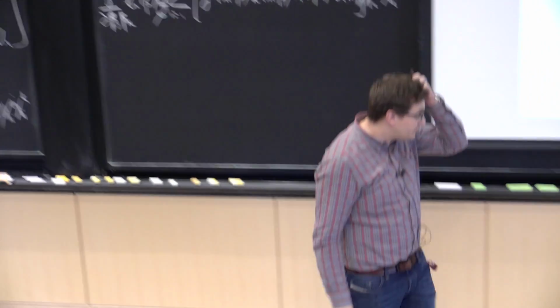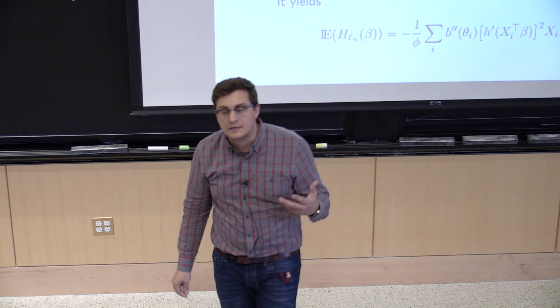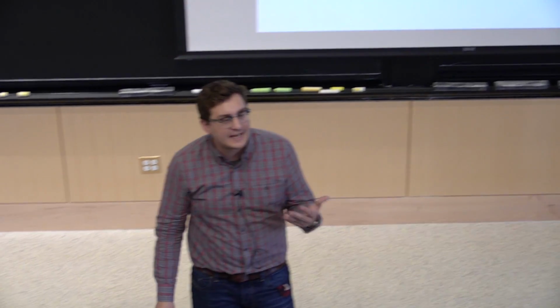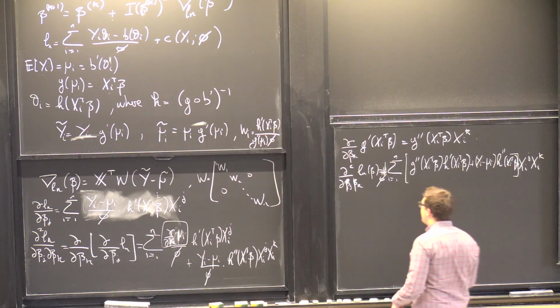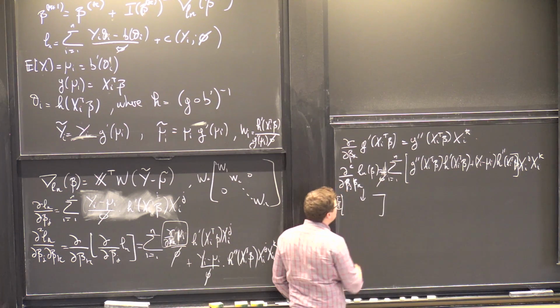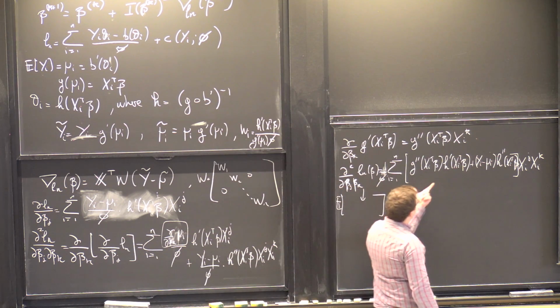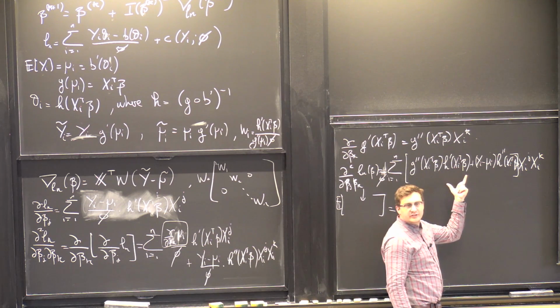Okay, but here I'm looking at Fisher scoring. I'm not looking at Newton's method, which means that I can actually take the expectation of the second derivative. So when I start taking the expectation of this whole thing here, and when I say expectation, it's always conditionally on x_i.